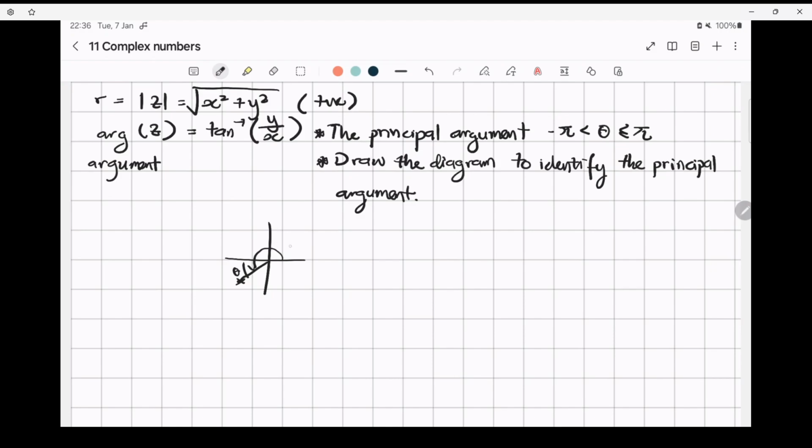In this case, this particular angle already exceeds pi, right? So what we need to do is to turn in the negative direction, and then we know that this particular angle will be less than minus pi, for example. This is why you need to draw the diagram if you can't really imagine where your complex number would be.